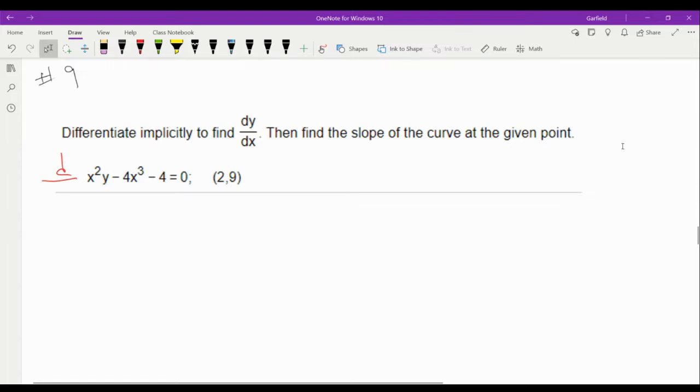That's very important. dx, thanks, Damien. How do we know that? I mean, they tell us explicitly that we're going to find the derivative with respect to x, right? So we want dx on the bottom. So we're taking the derivative with respect to x.